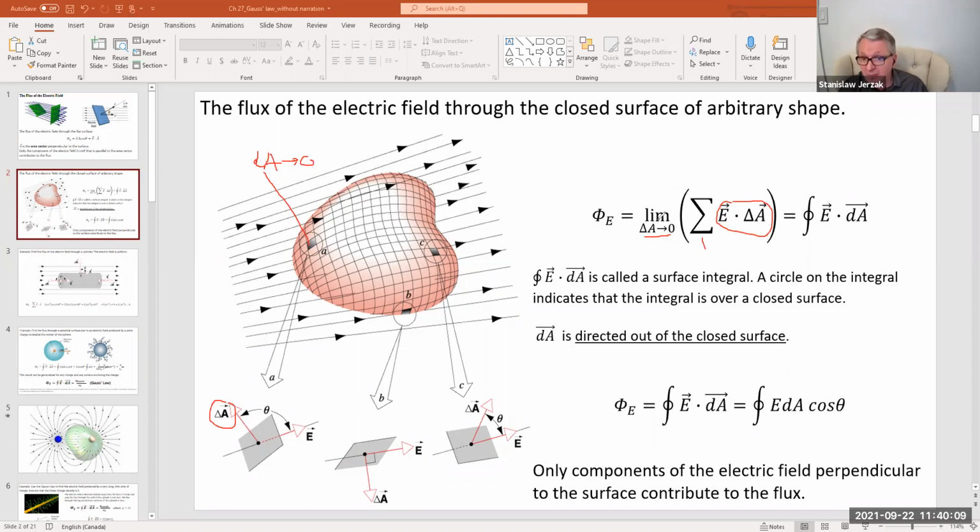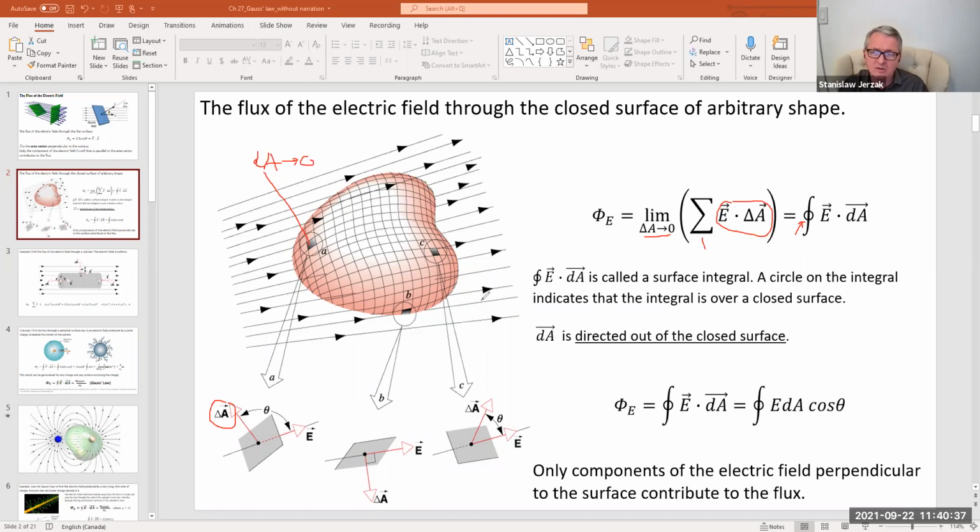And that limit of the sum, as you know from calculus, is nothing else but the definite integral of E dA. So this is that integral E dA. But that little circle on the integral means that we would have to calculate that integral over the closed surface, so we should remember to write that circle here.